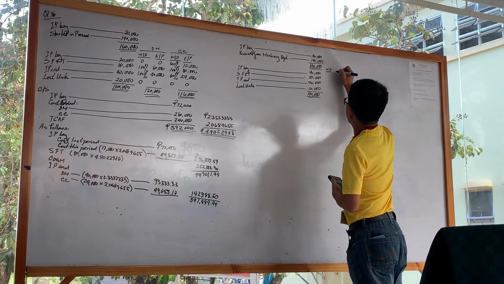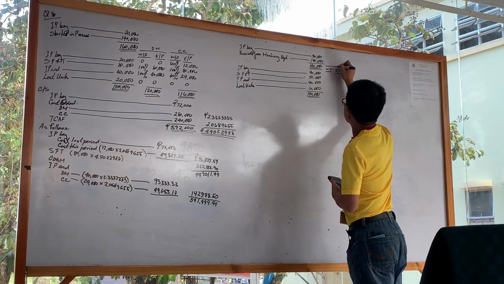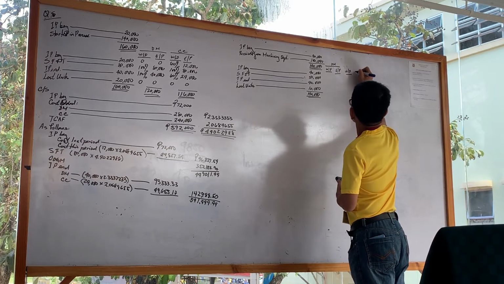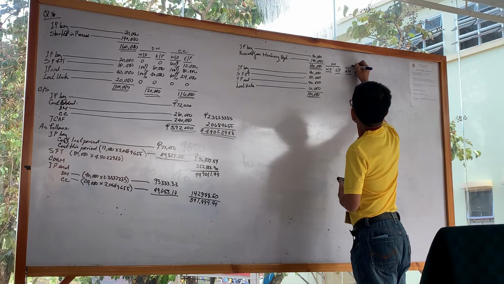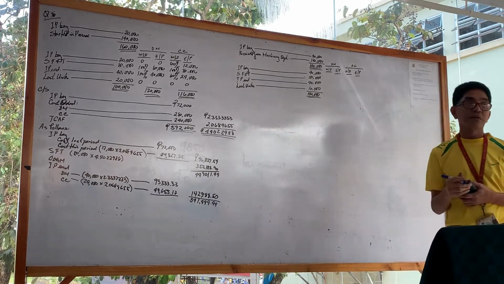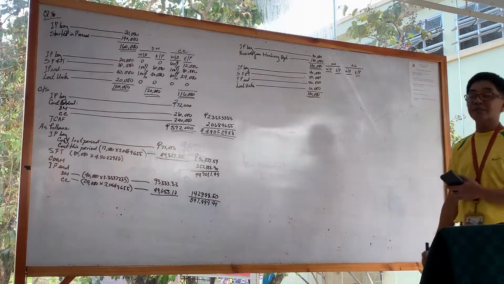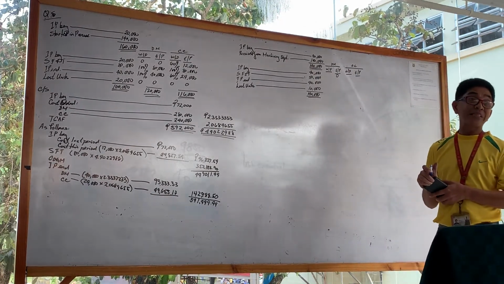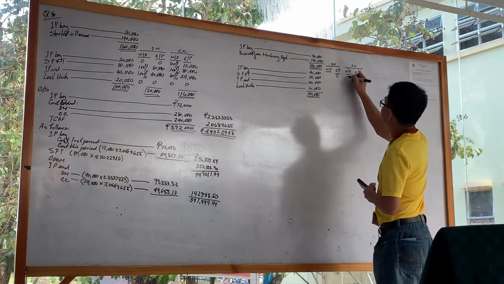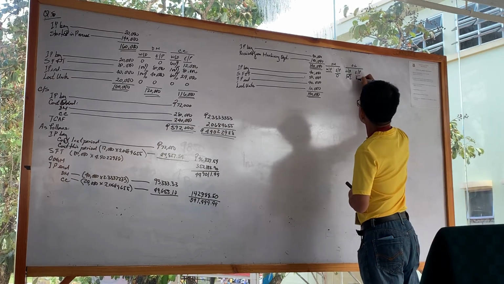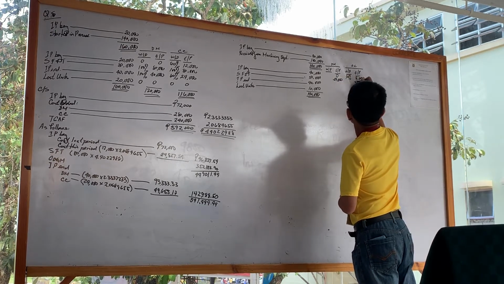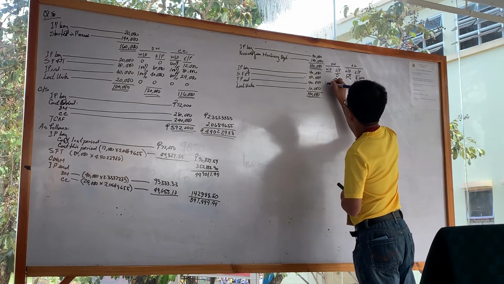Convert this into equivalent production by multiplying work done. Material is added at the start of the process, 0. And if it's 80% complete, 20. 8,000. 50. 100%. 40.